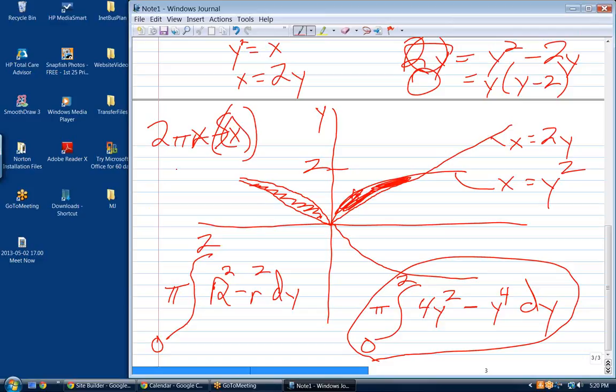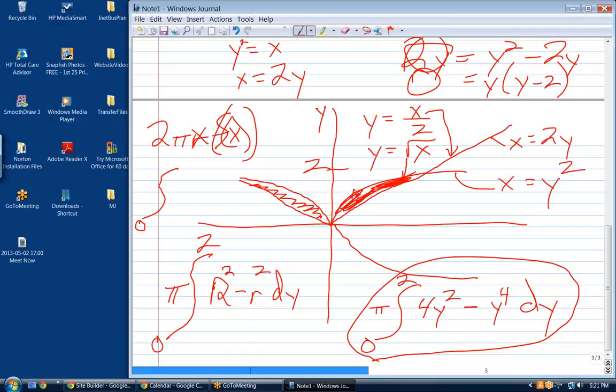So if we were going to do this with cylindrical shells, we would want to go from 0 and, if I define these as functions of x, I've got y equal x over 2, and I've got y equal square root of x. This one is this one here.